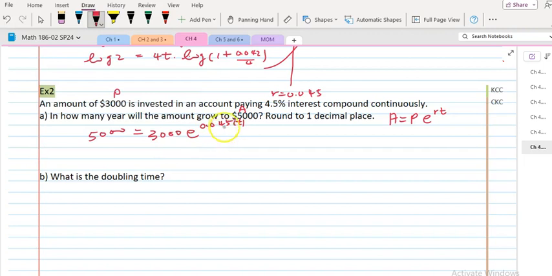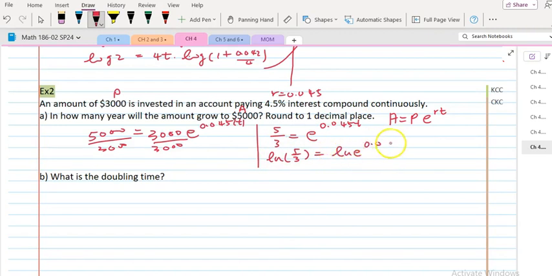You can see it's much easier when you're using e as the base. There's no divide by n, no parentheses. So to solve this, we divide by 3,000 on this side. So 5/3 equal to e to the 0.045 t. This is base e, so we do ln. ln 5/3 is equal to ln e to the 0.045 t.